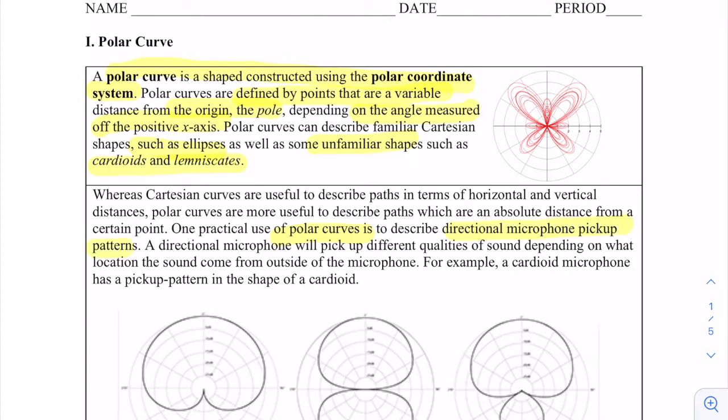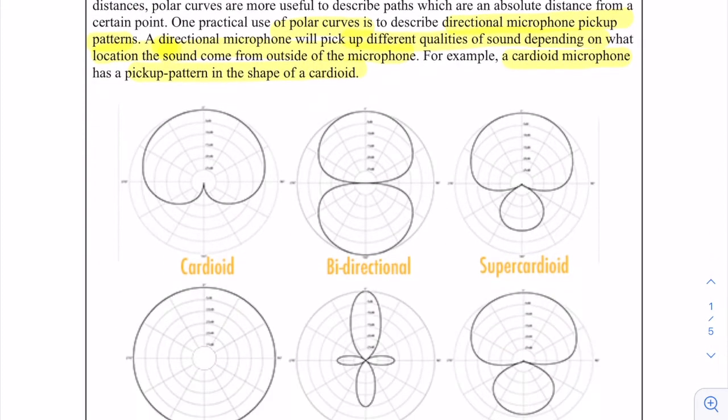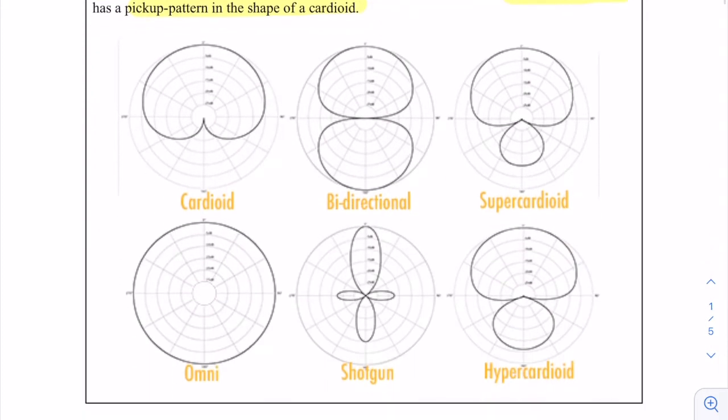A directional microphone will pick up different qualities of sound depending on the location the sound is coming from outside the microphone. So a cardioid microphone has a pickup pattern in the shape of a cardioid. You can see combinations of the three basic patterns, cardioid, figure eight, and omni, with the bidirectional here, supercardioid, shotgun, and hypercardioid.